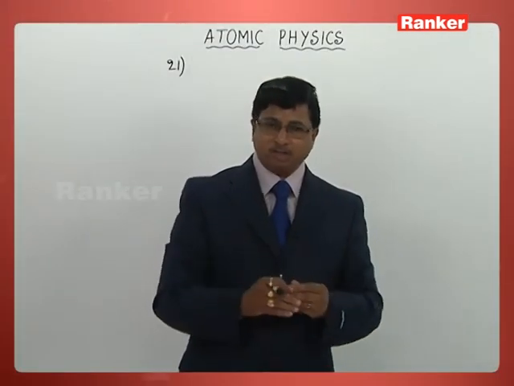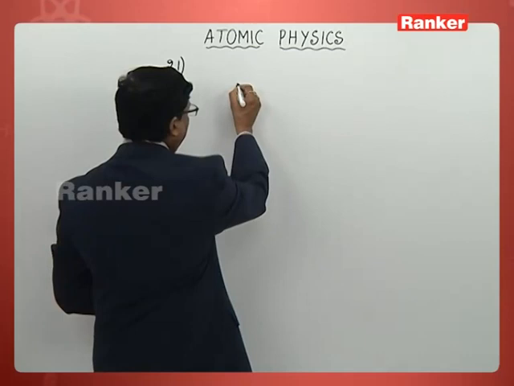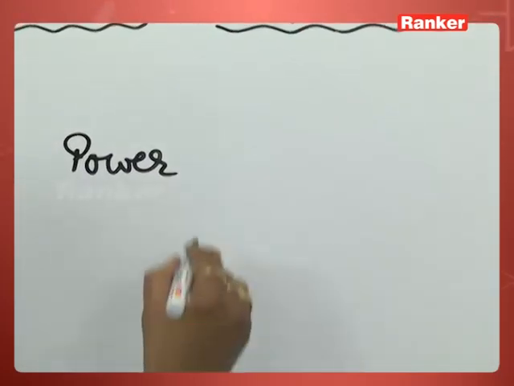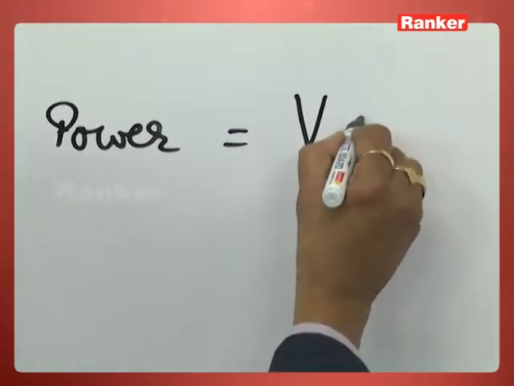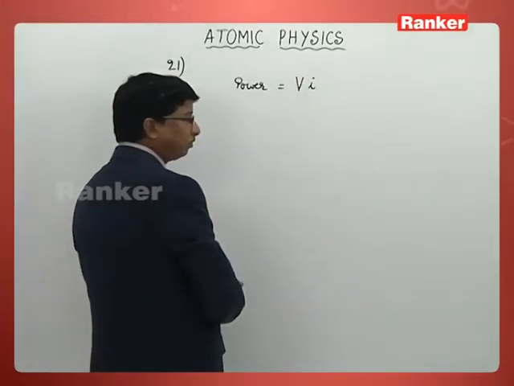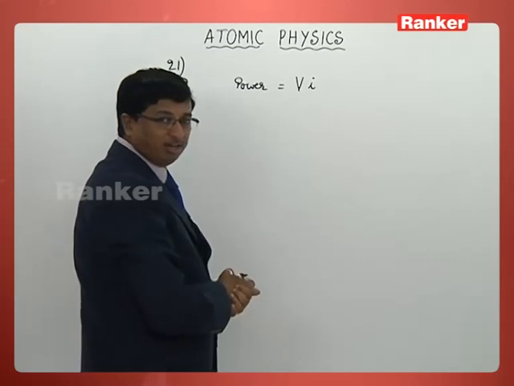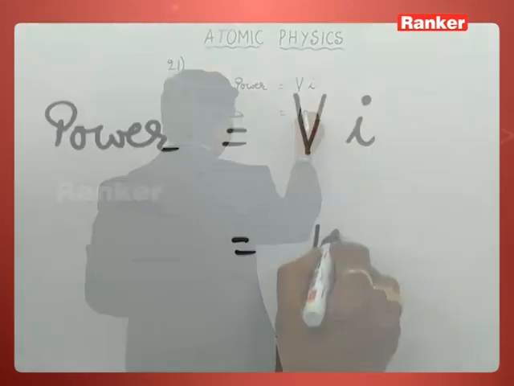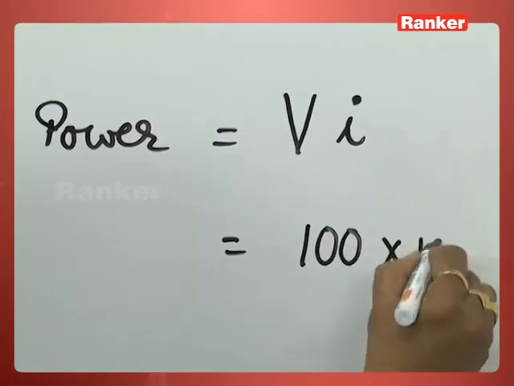Now the only thing you should understand here is, first of all, what is electric power in general? Voltage into current. You can definitely understand that one. Voltage is given as 100 kilo, that is 10 cube.